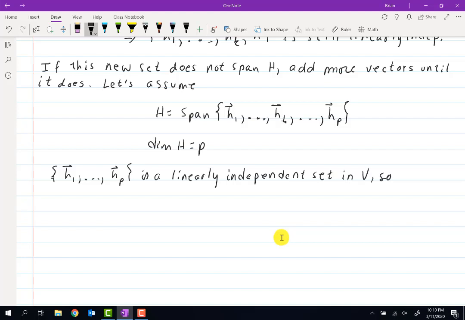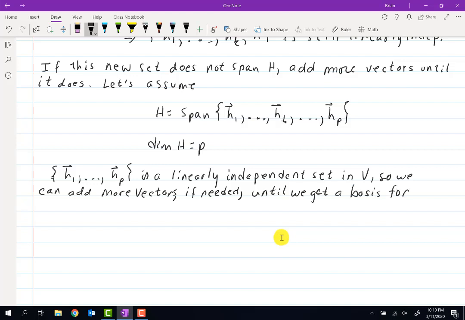So we can add more vectors if needed until we get a basis for V. Notice I said we can add more vectors if we need to.